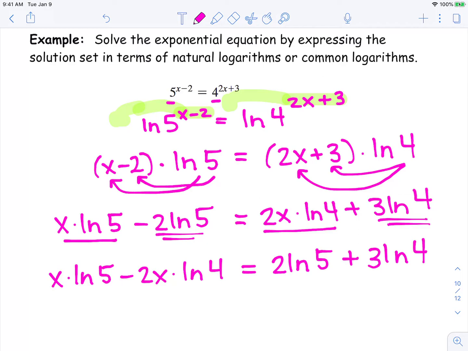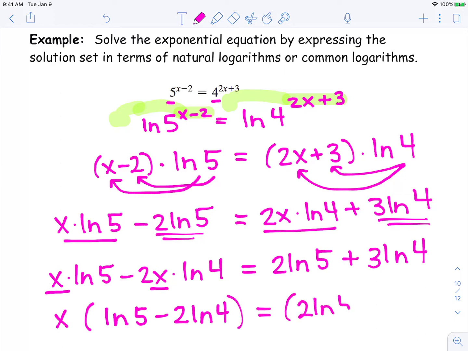Now there is a common factor. There's an x here and an x there. So I'm going to take out the greatest common factor. So what I'm left with then is the natural log of 5 minus 2 natural log of 4. And then the right side stays the same.